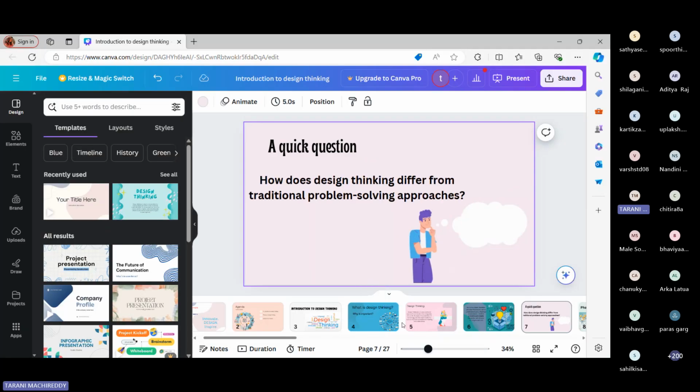How does design thinking differ from traditional problem solving? Please post your answers in the link given in the chat box.